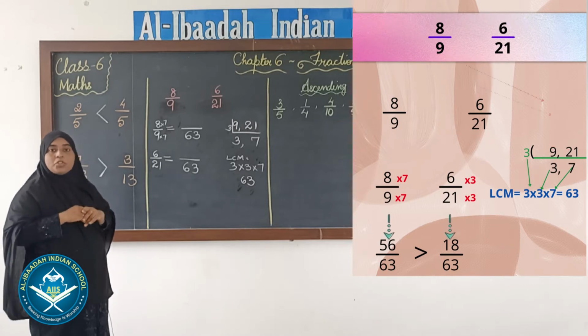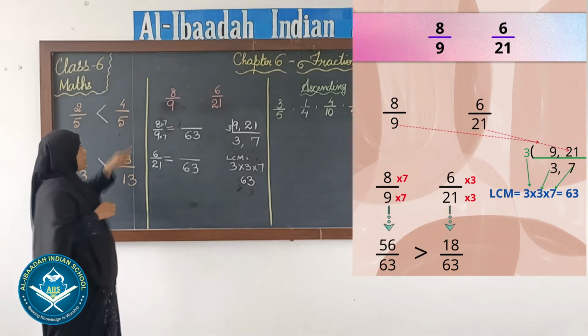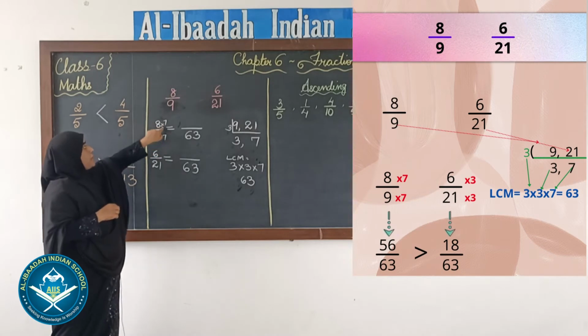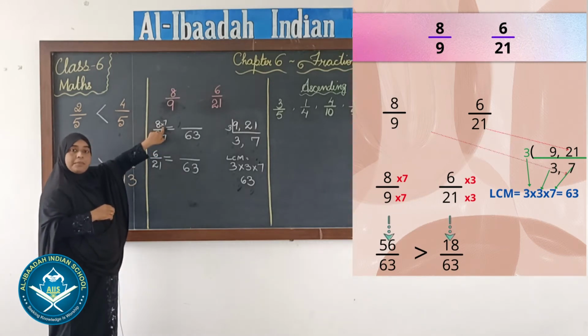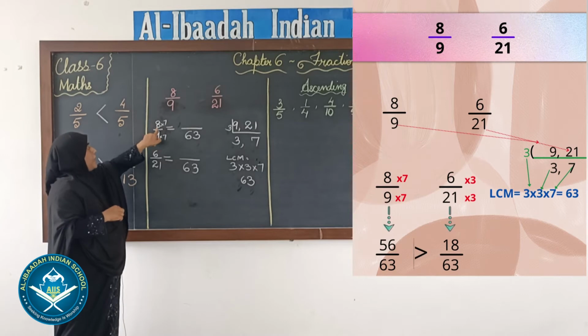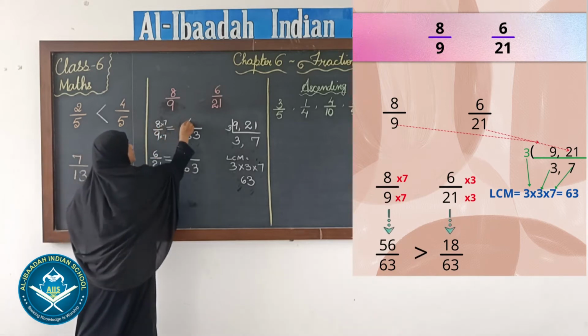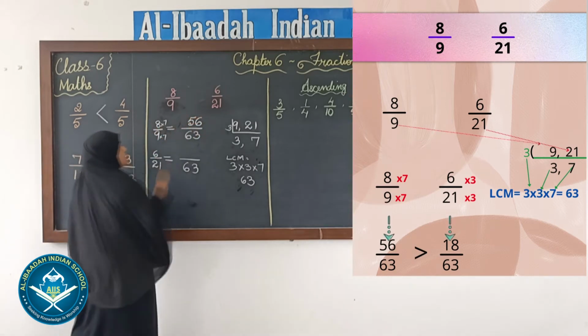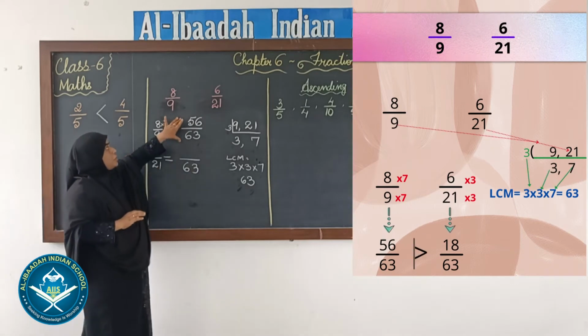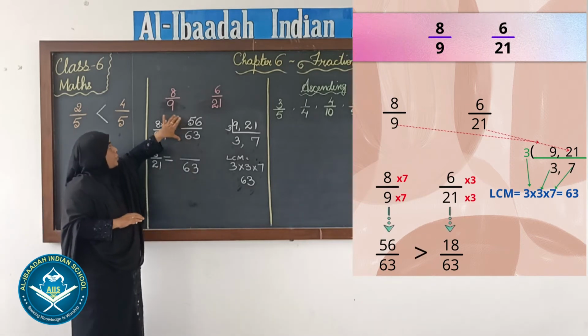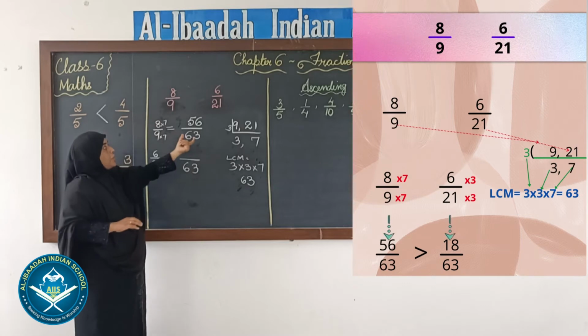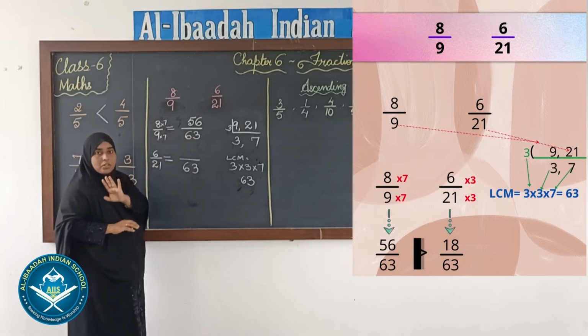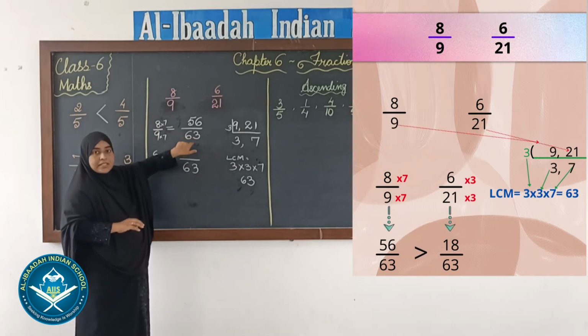Numerator and denominator should be multiplied with the same number. So we are multiplying denominator and the numerator with the same number. Now 8 sevens are 56. We have got a new fraction which is equal to 8 by 9 and the denominator is 63. Understood? This is our LCM, 63.